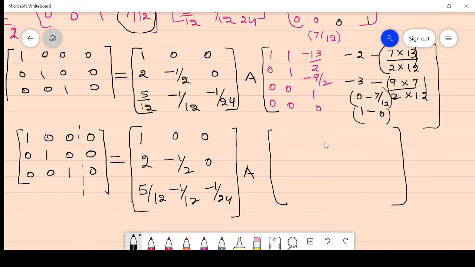On simplifying, we get these values. So this will be the P matrix, this will be Q, and this value will be I3 into this 0. So in this way we can find P and Q in this form, and similarly the rank of the A matrix is equal to 3.